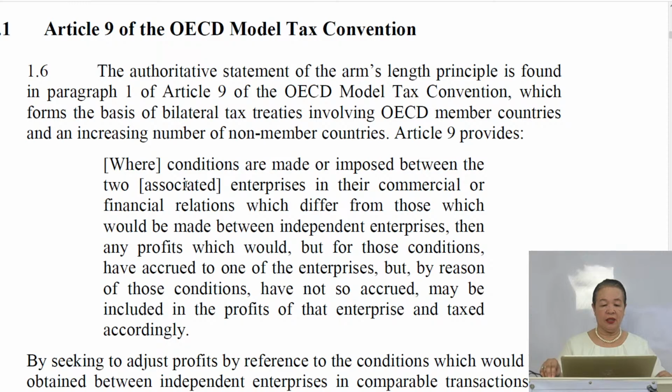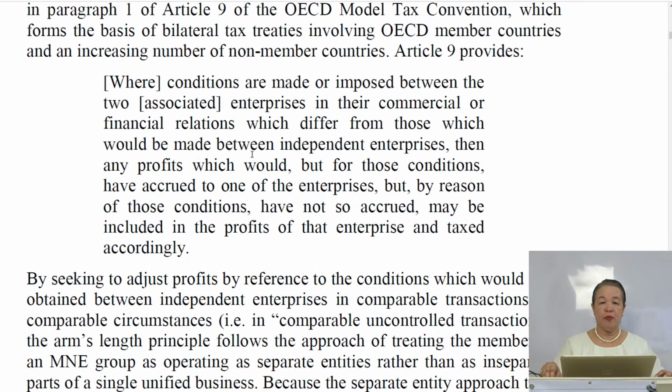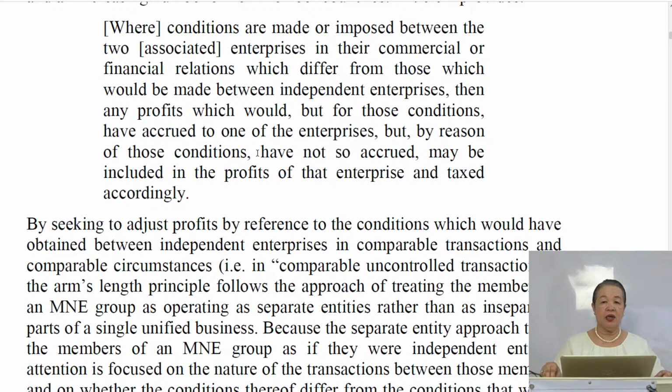So what is the authoritative statement of Article 9 for the arm's length principle? It says here, where conditions are made or imposed between two associated enterprises in their commercial or financial relations which differ from those which would be made between independent enterprises, so what the related parties did is different from what independent parties do.